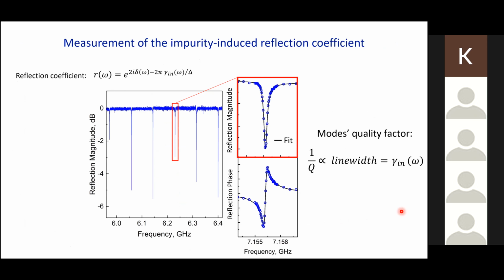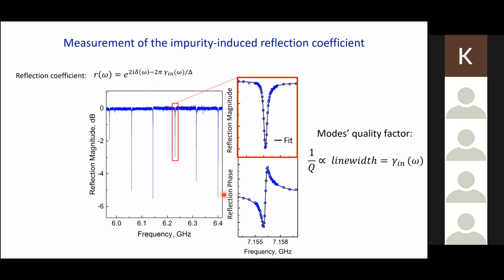So how do we do it? Let me walk you through it. This reflection coefficient of the impurity at the end contains two parts. It contains an elastic part given by a phase shift, and it contains an inelastic part given by the decay.